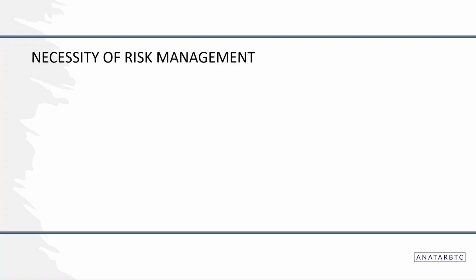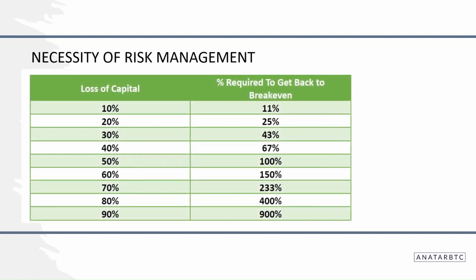Now let's understand why is it necessary to manage risk. Once we start losing significant chunk of our portfolio, then it will require greater effort to even get back to the break even value. For example, if we lose 20% of our capital, then even to get back to the original portfolio value that we had, we need to make 25% profit on the remaining portfolio value.